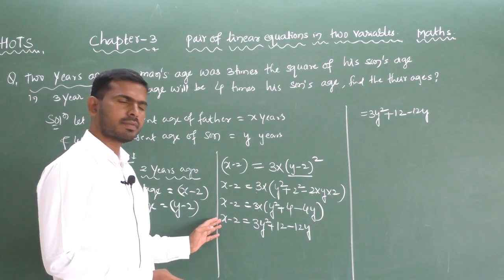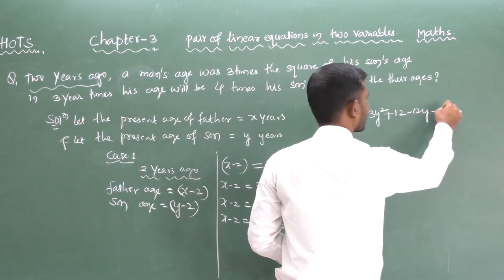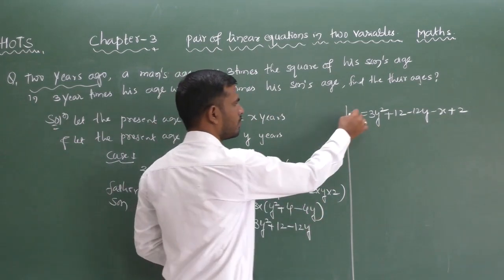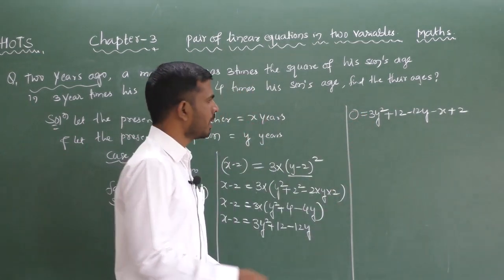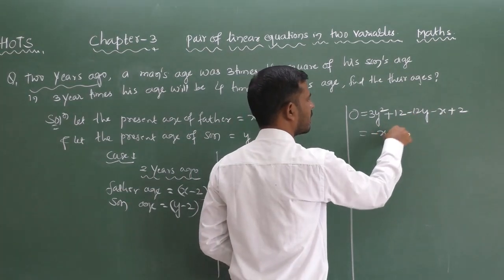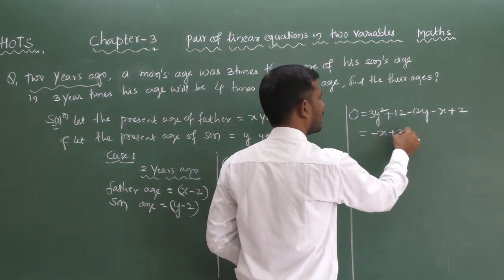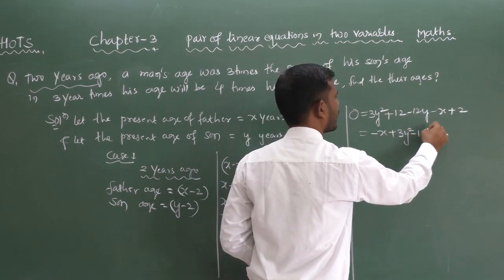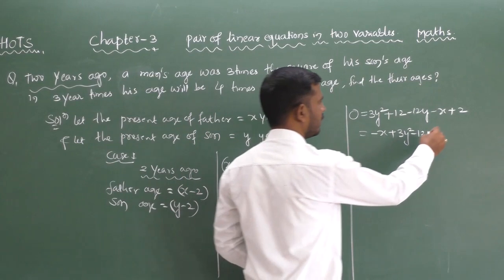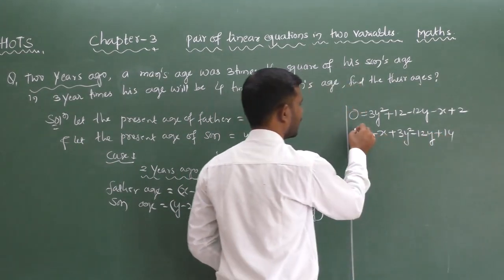Plus x becomes minus x, minus 2 becomes plus 2, and nothing on the other side, so write 0. Now simplify: minus x plus 3y square minus 12y plus 12 plus 2, that is 14, is equal to 0.